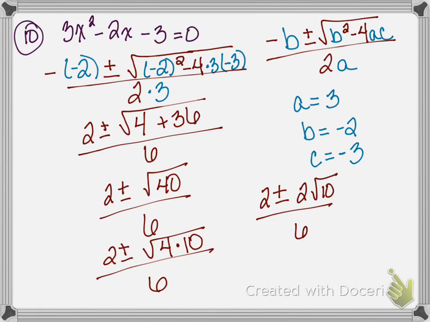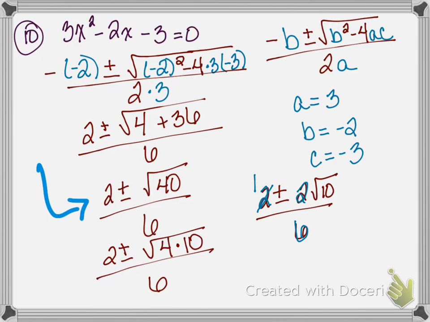Okay, if you get to this point right here, I'm going to be super happy. If you make it to this one, I'm super happy. If you make it to the next one, I'm ecstatic. Now, 2, 2, and 6 can all take a 2.